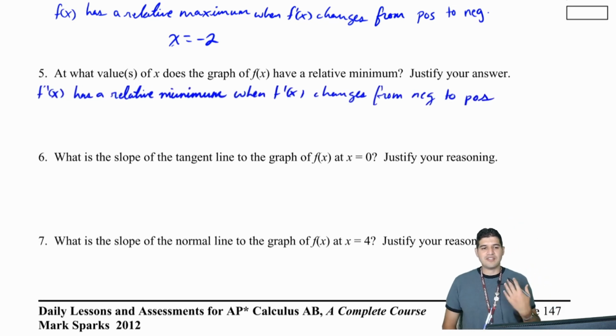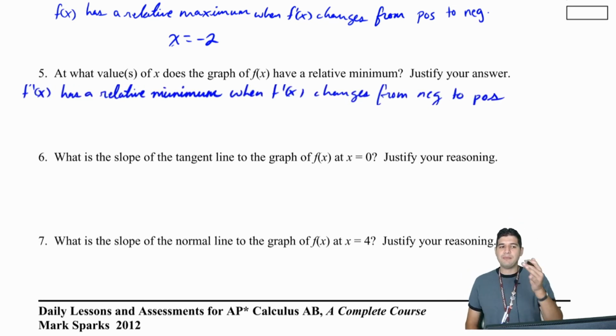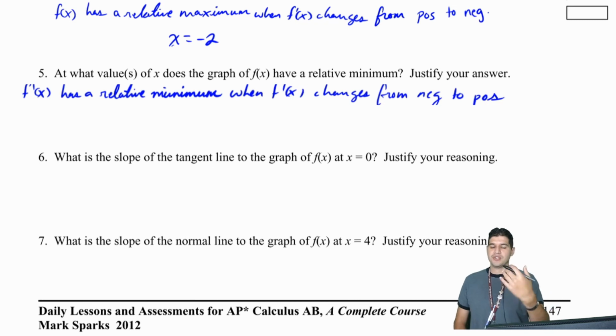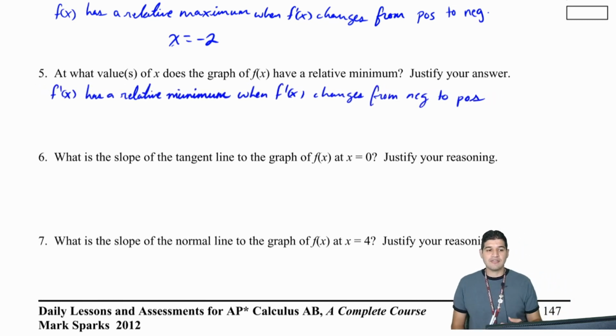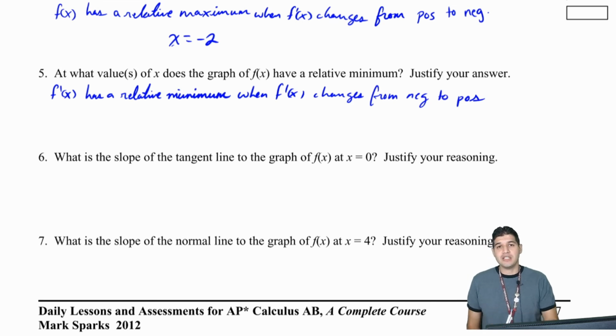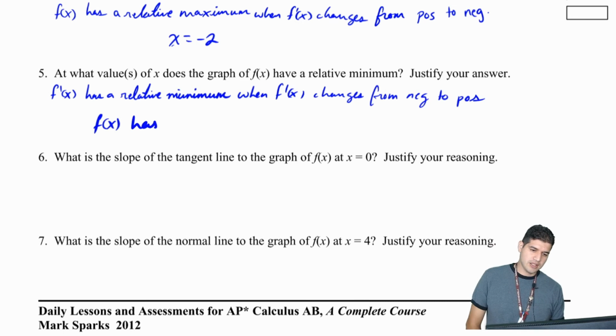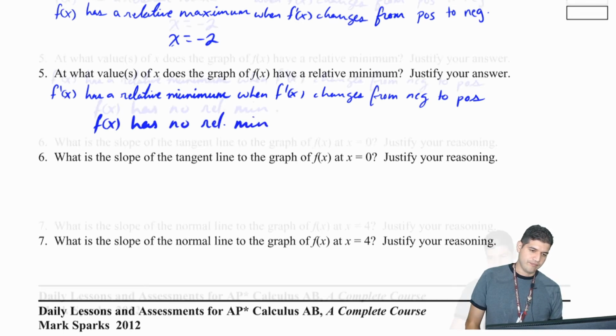Well, f of x has a relative minimum when f prime of x changes from negative to positive. So where is that happening in this graph? Well, it actually never changes from negative to positive. So f of x has no relative minimum.